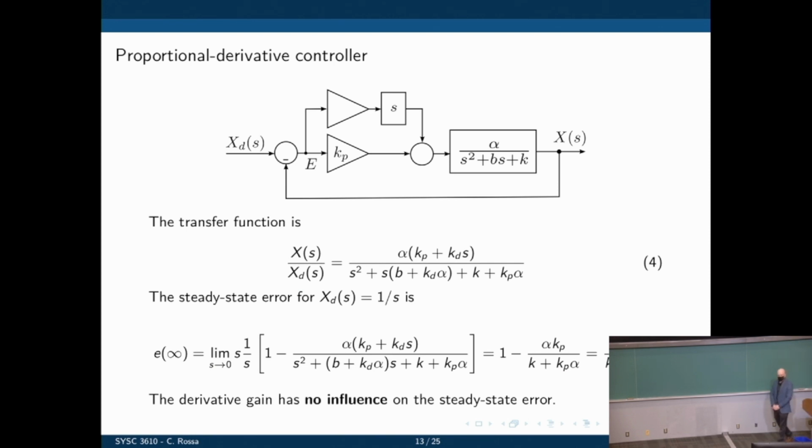Before we look at the equations here, what is your feeling? How would the derivative gain influence the steady state error? It's looking at the derivative of the error. So what should it do in a steady state? We would increase the steady state error, we would decrease the steady state error, or we will have no effect on the steady state error.